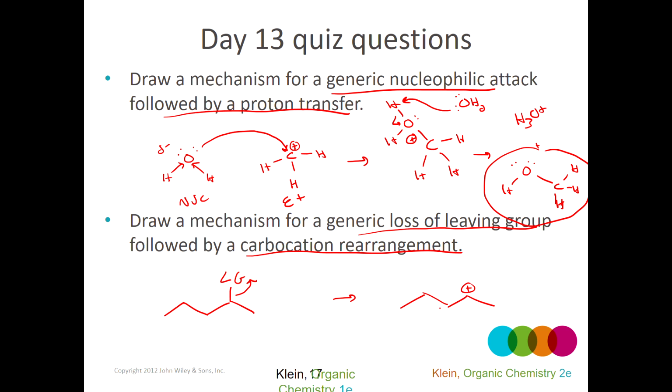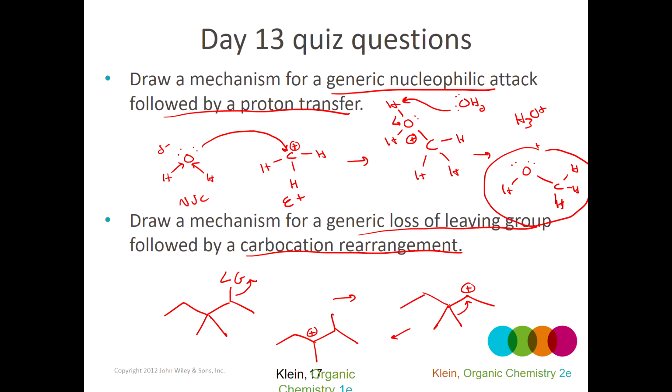This particular example doesn't quite meet the question that's asked, because this secondary carbocation that's bonded to two carbons wouldn't have any reason to rearrange. So maybe if I put another methyl group here or a couple methyl groups here, now I can answer this question, because once a leaving group leaves and creates a secondary carbocation, the neighboring atom here has a methyl group that could shift over one more atom, and so that would create this.